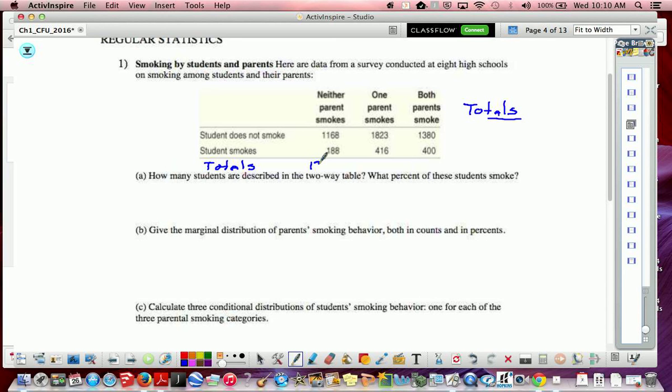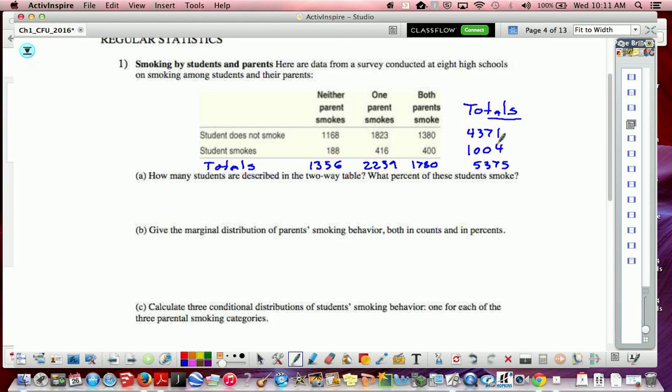If you trust my calculations here, 1356, I hope they are all right, 2239, and this adds up to 1780, which gives me a grand total of 5375. Likewise, going across, if I add these three numbers up, I have 4371, and I have 1004, giving me a grand total, and I do a quick check, 5375.